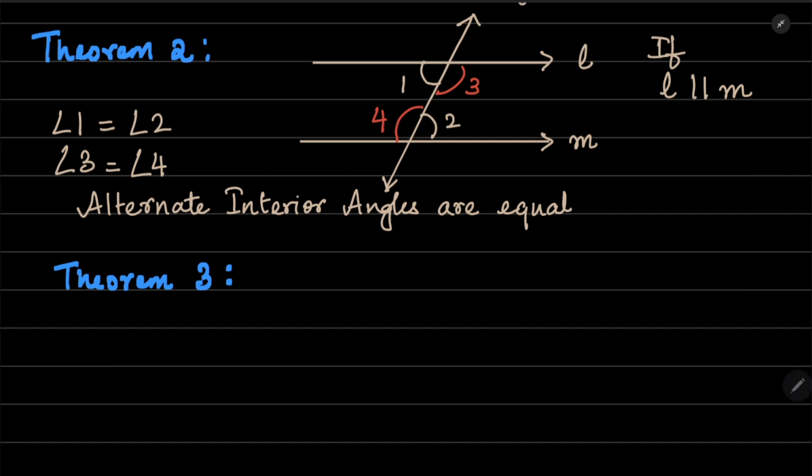Theorem 3 is nothing but the converse of theorem 2. It's the converse of your previous theorem, theorem 2.